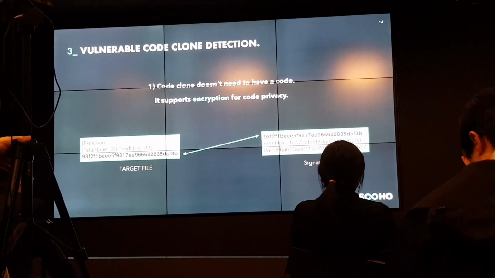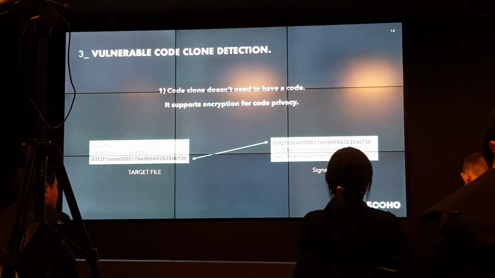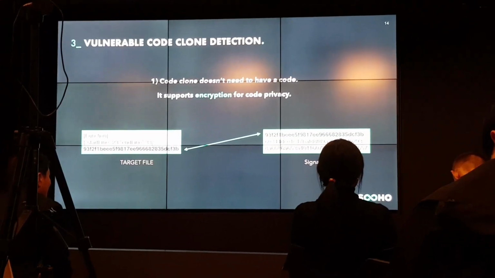If you give us your code file encrypted, we can analyze it. Thank you.